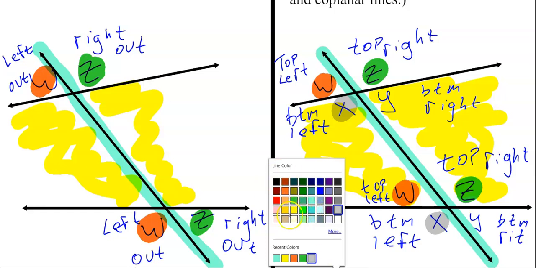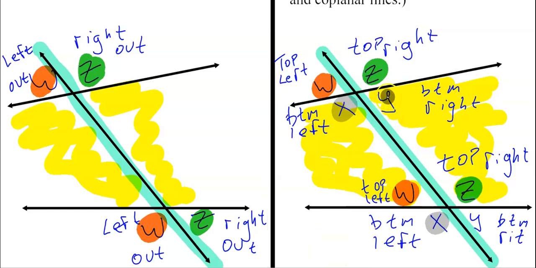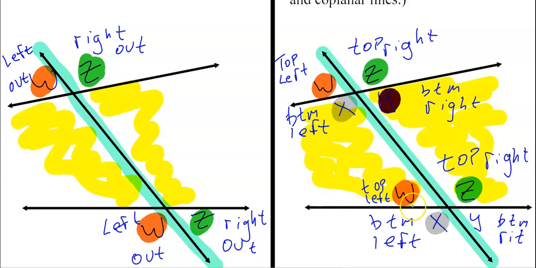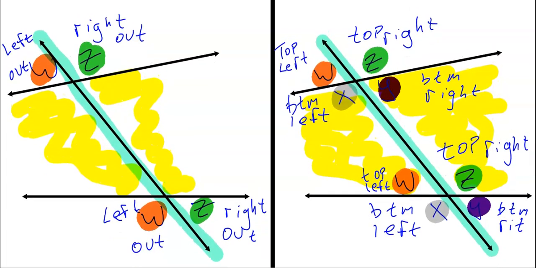The Y's, that's a little too close to X, isn't it? The Y's also make corresponding angles. Oh, let's try a purple. All right. So those are the corresponding angles. The names really don't help us identify where they go. They don't give us names like interior, exterior, alternate. But we got it. We got this.